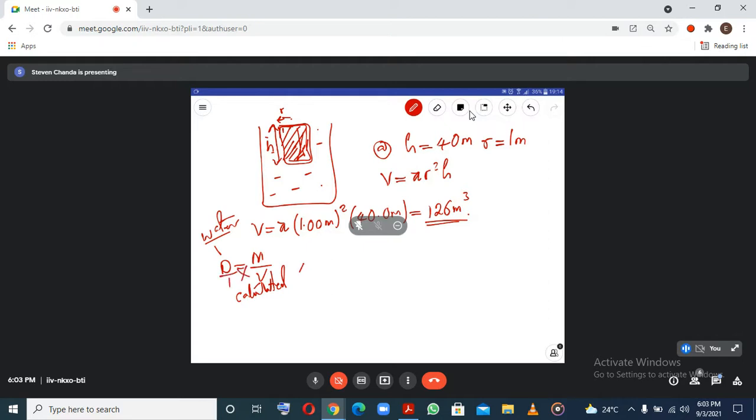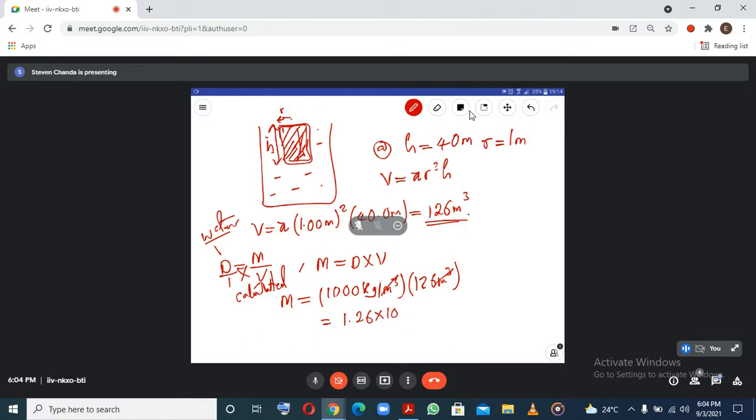We cross multiply, making mass the subject of the formula, which means density times volume. So the mass is the density of water, which is something you have to know, 1000 kg per meter cubed, times 126 meters cubed. You cancel the units, and you are going to have a mass of what?